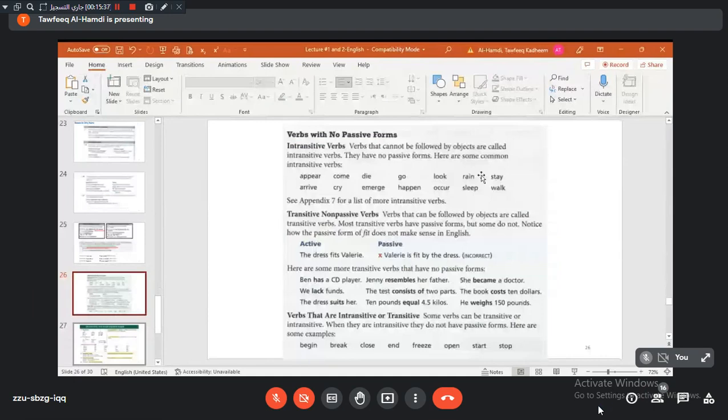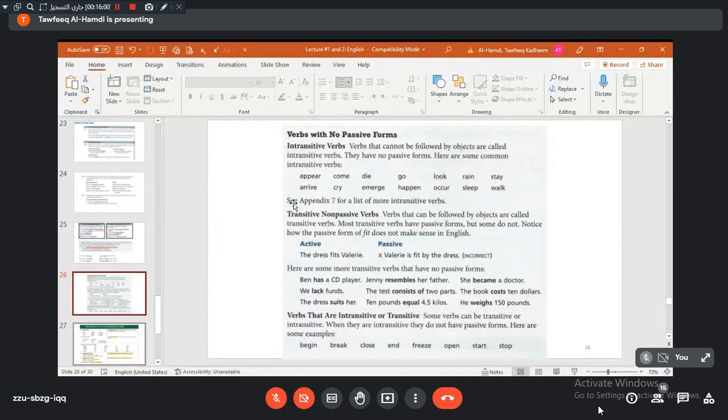Transitive non-passive verbs. Verbs that can be followed by objects are called transitive verbs. Most transitive verbs have passive forms, but some do not. Notice how the passive form of fit does not make sense in English.